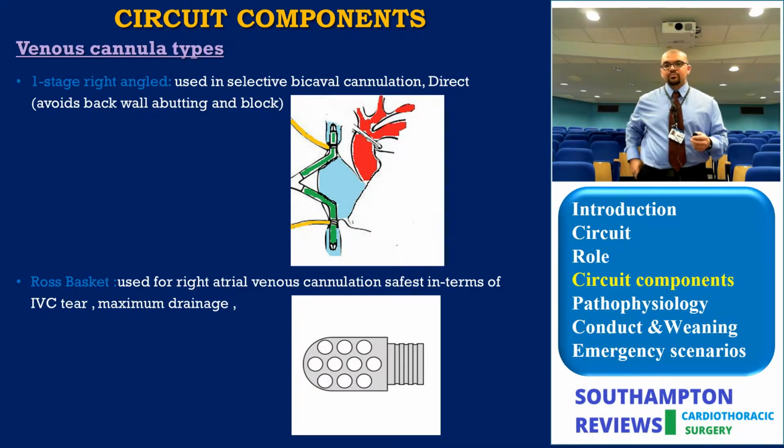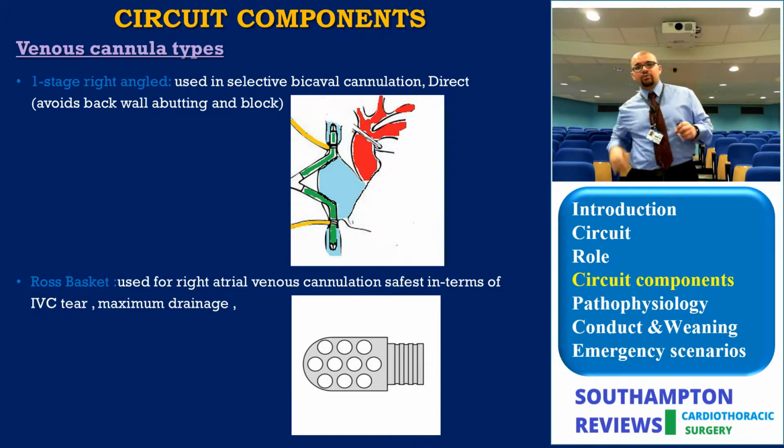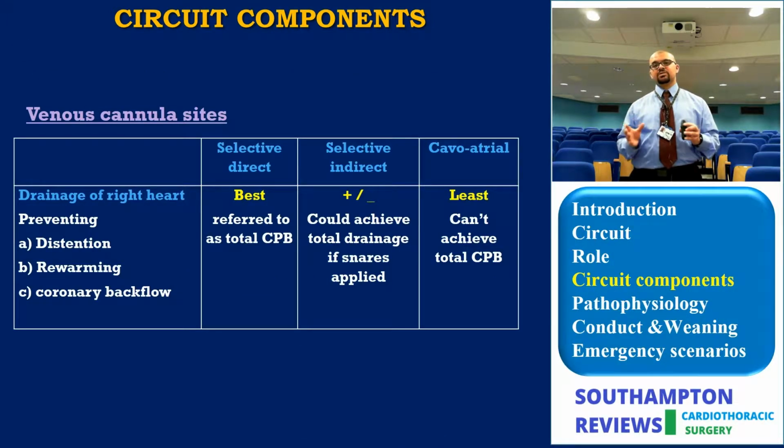So when do we use these various forms of cannulation? As I said, different surgeries will require different strategies of cannulation. It all depends on whether you are opening the right side, whether you need to fully decompress the right side or not. Drainage of the right heart will achieve full decompression, avoid distension, and avoid coronary backflow.